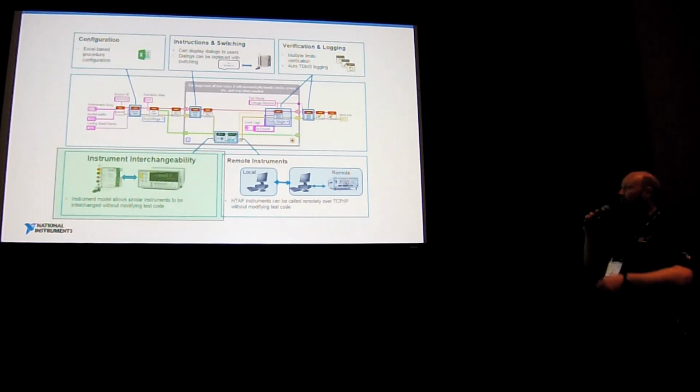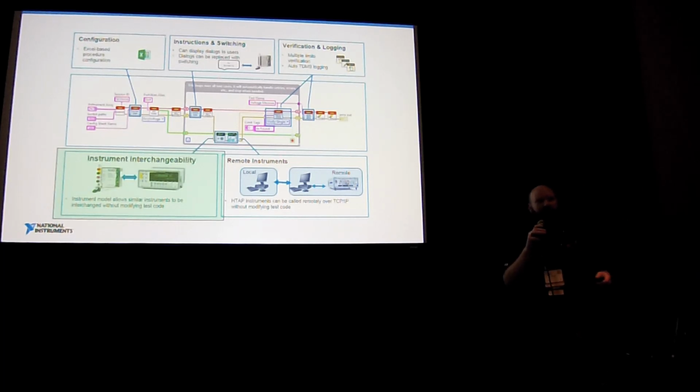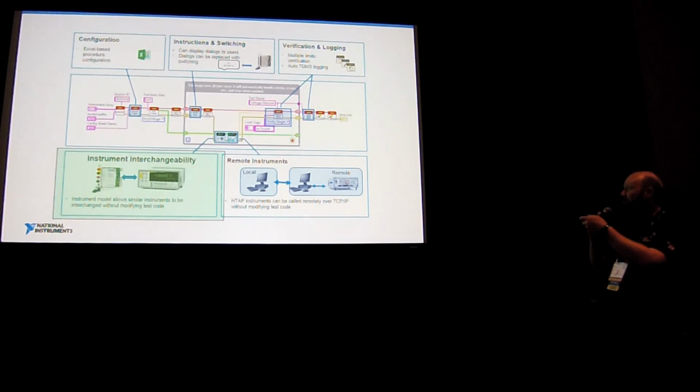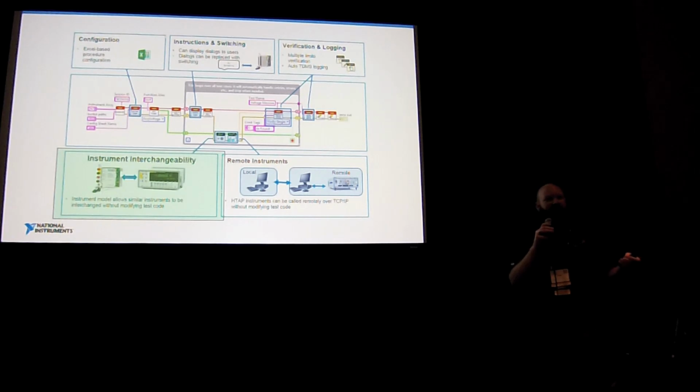We want to be able to easily add switching and fixturing and message pop-ups, everything within the code, whether you're standalone at a bench, and this pushes all the way into the metrology space as well. And then we want to log the data in a standard format. We don't want people to rewrite code on how to log data and how to compare it against limits. So we have all this written in LabVIEW.